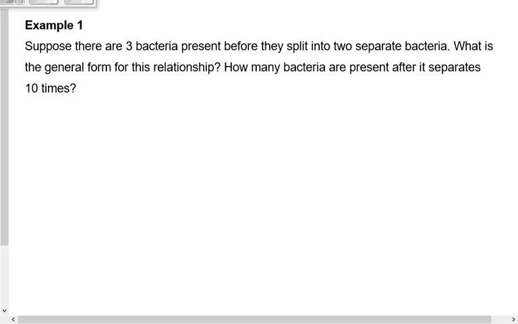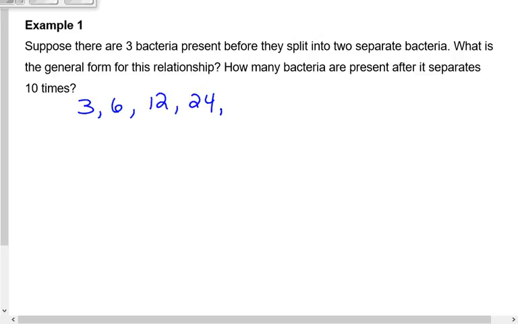So let's start by trying to find our general form. If we start with 3, we know that after that they're going to split into 2 groups and become 2 separate bacteria. So our pattern that would be formed, we would multiply by the common ratio of 2.